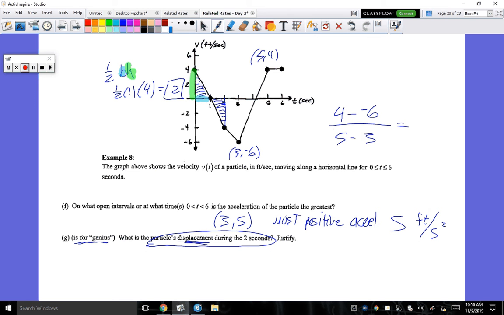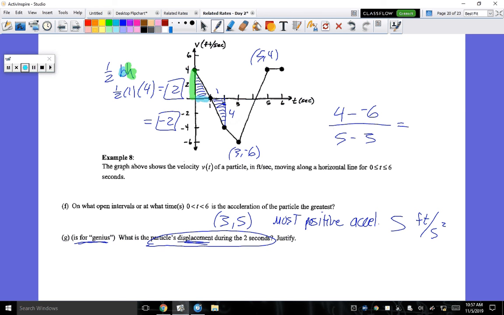But we'll get to that. This is just 2 feet because it's accumulation. This right here is the same exact triangle with a base of 1 and a height of 4. But because it's below the x-axis, we're going to say that it has an area of -2. So if I add those two together, what's the displacement? 0.